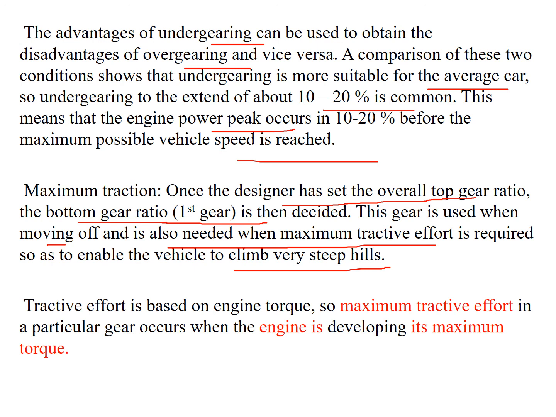So the top gear decides the bottom gear, and the tractive effort is based on engine torque. Maximum tractive effort in a particular gear occurs when the engine is developing its maximum torque. So based on engine torque, we can have the maximum tractive effort.